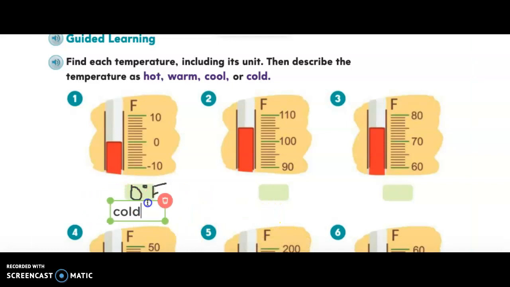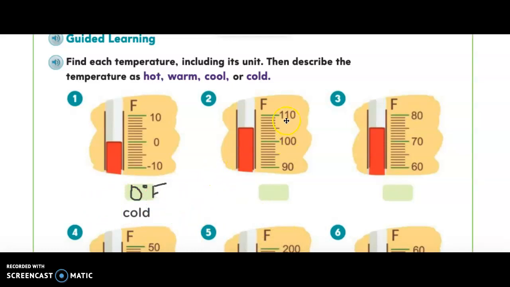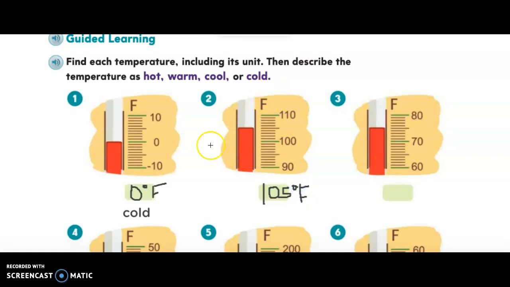Now for number 2. So this is somewhere in between. So you kind of have to zoom in and think, what is it skip counting by? So right in the middle, if it's going from 100 to 110, halfway between that would be 105 degrees Fahrenheit, and you know that it's Fahrenheit by this F up there.